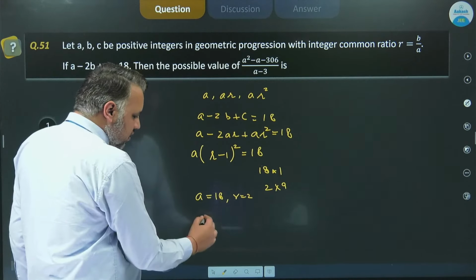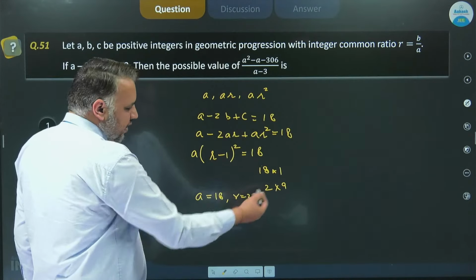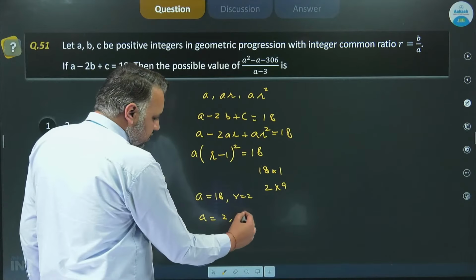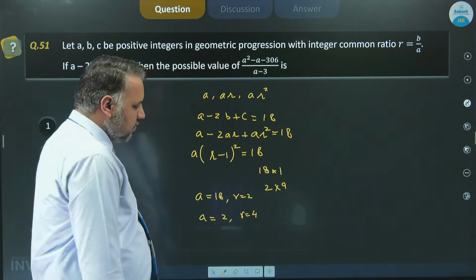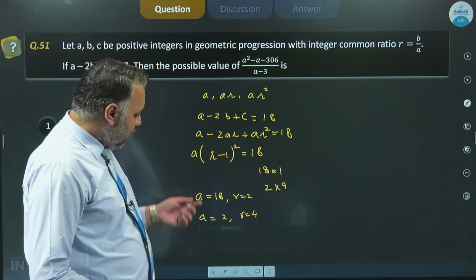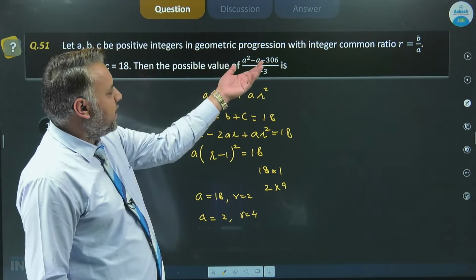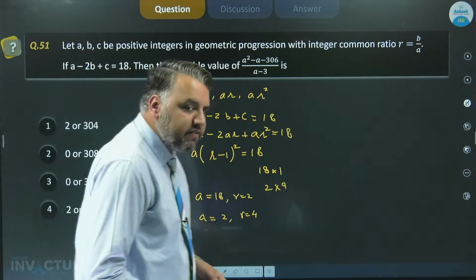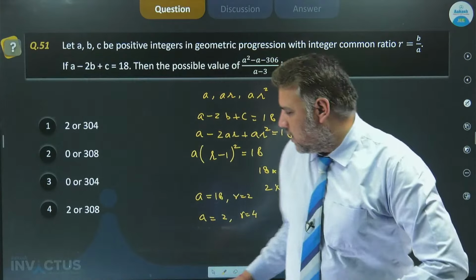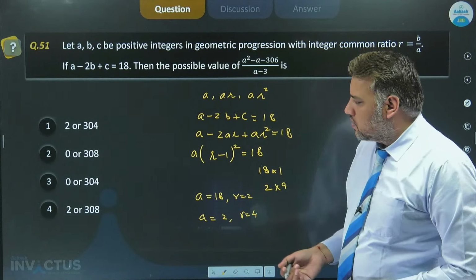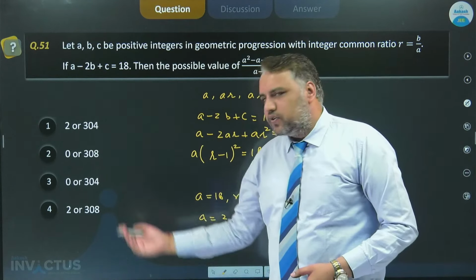And if A is equal to 2, then again you can say that R minus 1 whole square is equal to 9, or R is equal to 4. Now A can be 18 or 2. If we substitute A is equal to 18 here, the value of this quantity will be 0. And if we substitute A is equal to 2 here, the value will be 304. So there can be two possibilities, either 0 or 304.